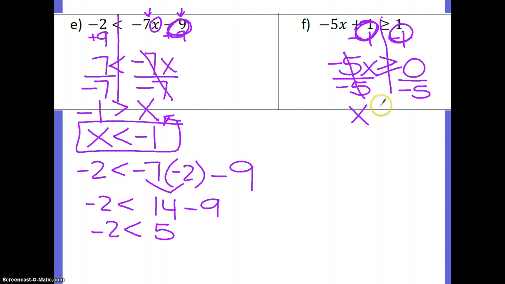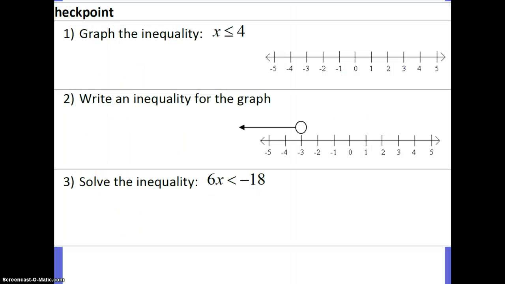That means I do have to flip my sign. 0 divided by anything is 0. So in this case, x is less than or equal to 0. So any numbers that are equal to 0, so if you were to plug in 0, that'll work. Plug in negative 1, negative 50, negative 2.5. Any numbers that are less than or equal to 0 will work in that inequality.